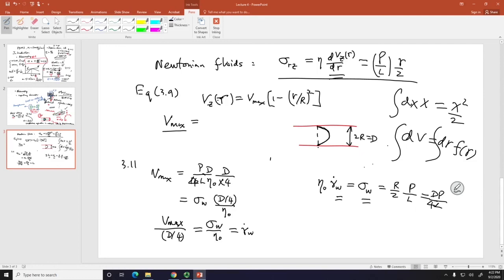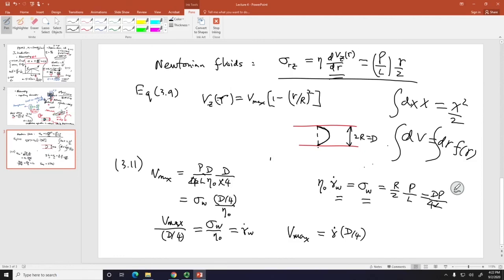So all I tried to do was, for this equation about the expression of maximum velocity, it turns out that maximum velocity can be written as wall shear rate times D over 4.